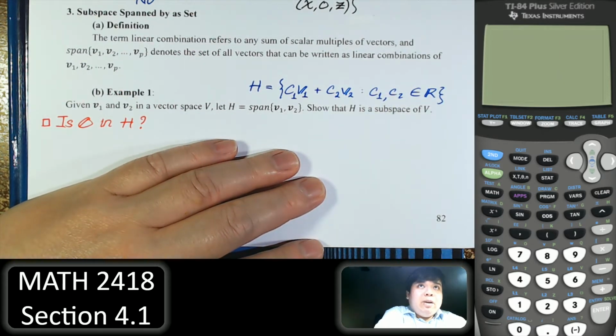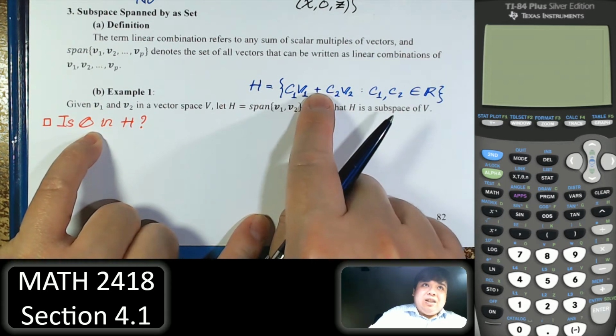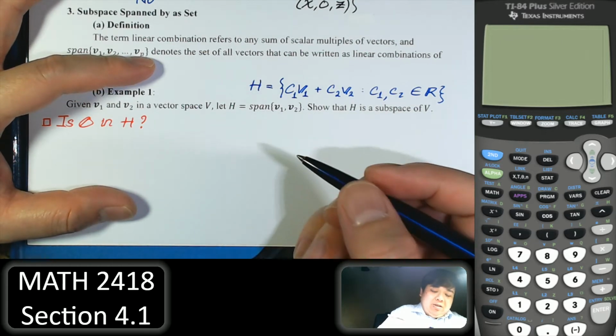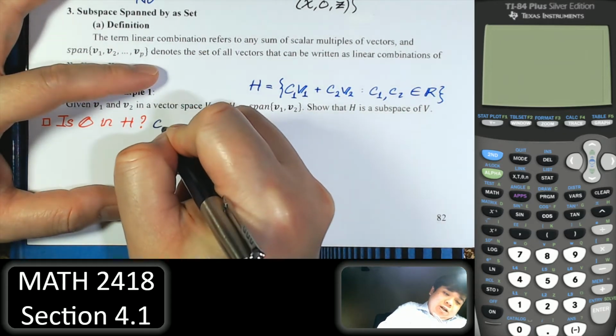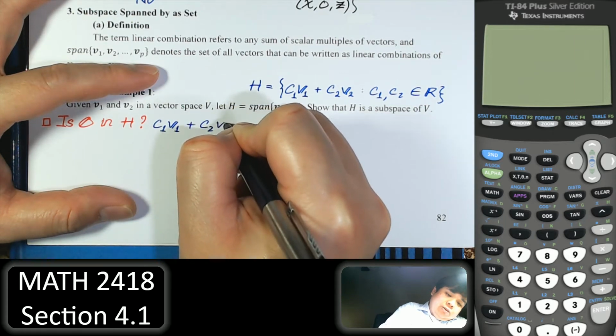Right. Now, does 0 belong to this set? And that's easy, right? So we say C1 v1 plus C2 v2.